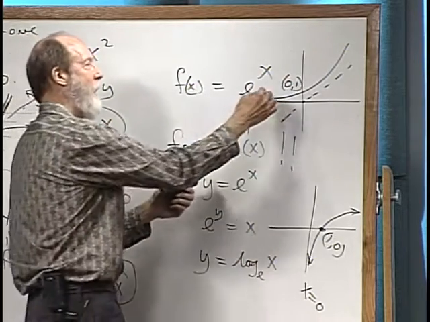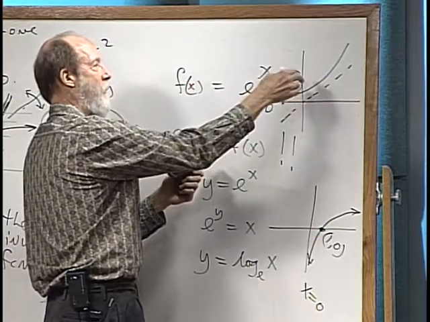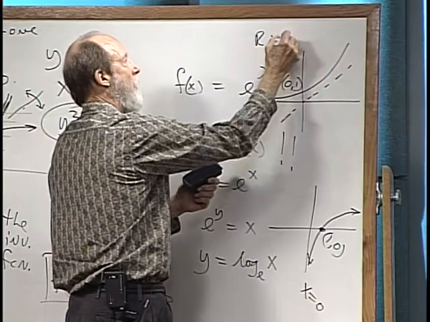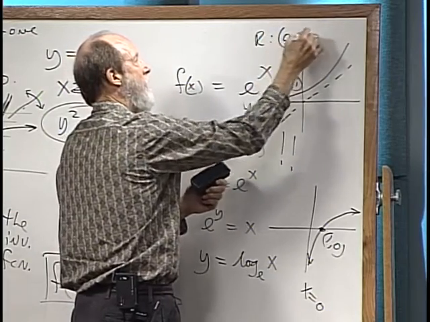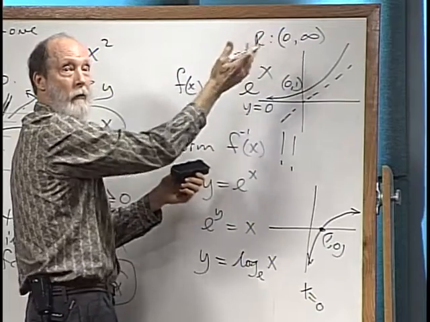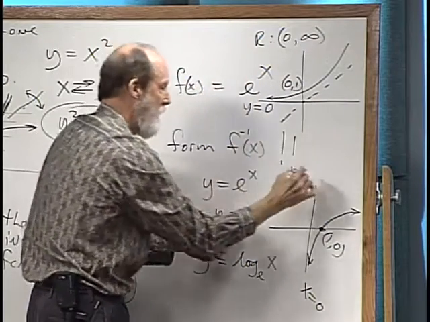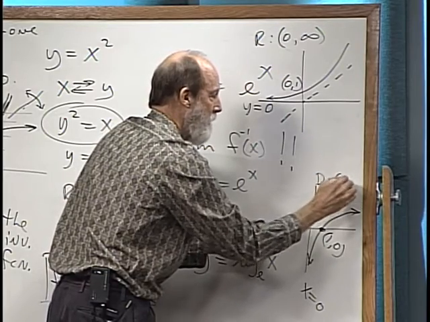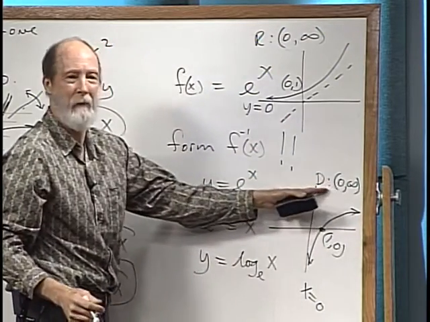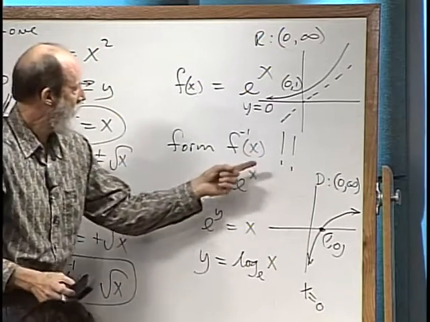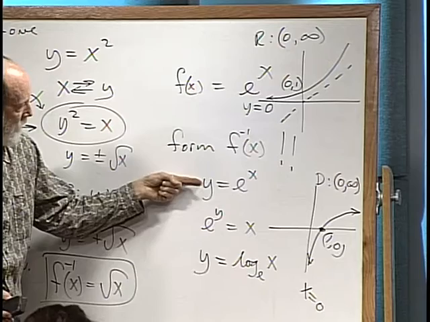And notice what the range is on this exponential. The range is greater than 0, isn't it? Greater than 0. And so therefore, that becomes the domain down here, greater than 0. We'll never hit the y-axis. So here's the math. Here's the original exponential.